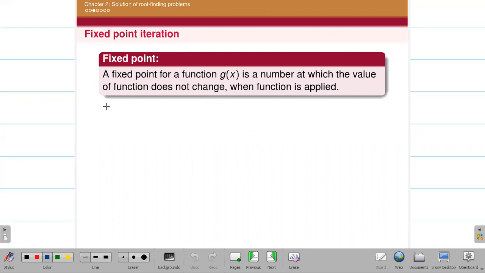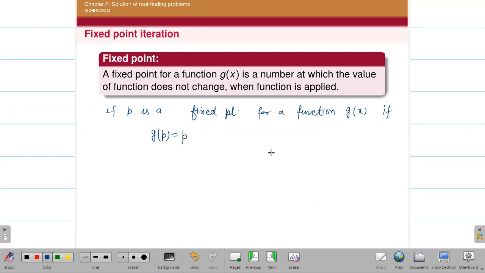So if p is the fixed point for a function, suppose I'm taking g of x, then g of p equals p. It means if I input a number into the function, it will give you the same number as output. That number will be the fixed point for the function.